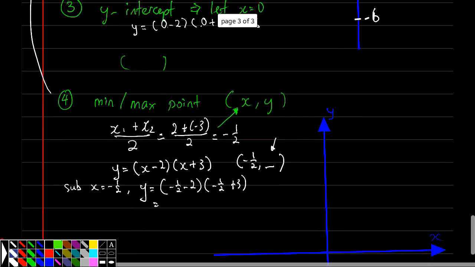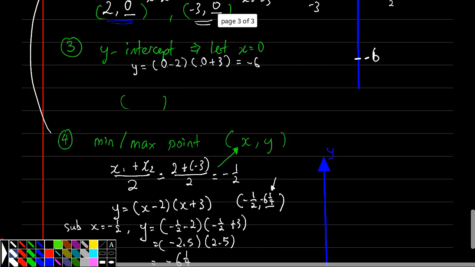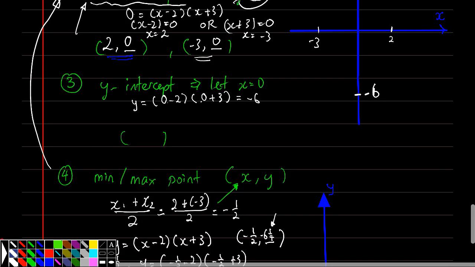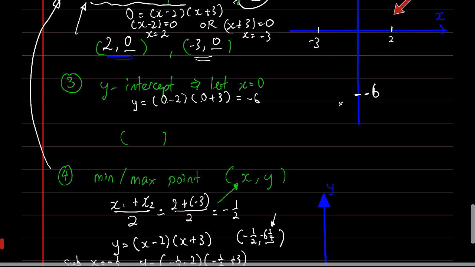I will have negative 2.5, and over here I will have 2.5. So very quickly, when we work out the answer, this is negative 6.25. So this is negative 6 1/4. So we know that it's slightly below 6, and my curve will look something like that.